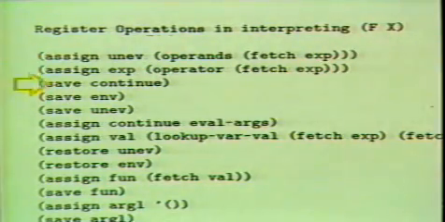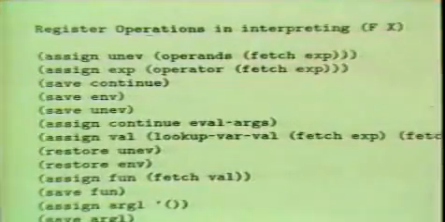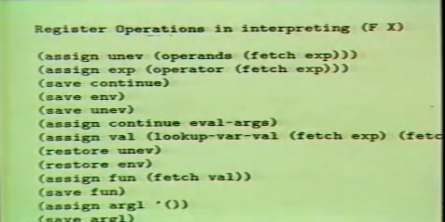And all I'm doing here is writing down the register assignments that the evaluator would have done in executing that code, and you can zoom out a little bit. Altogether, there are about 19 operations there. And this will be the piece of code up until the point where the evaluator branches off to apply-dispatch.